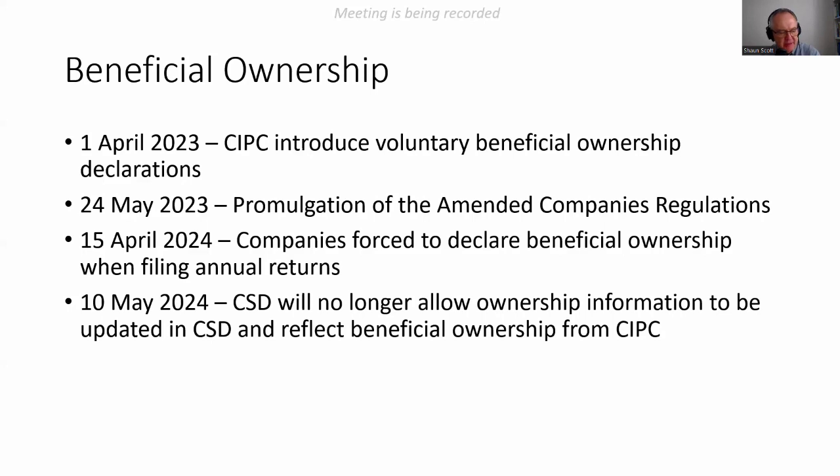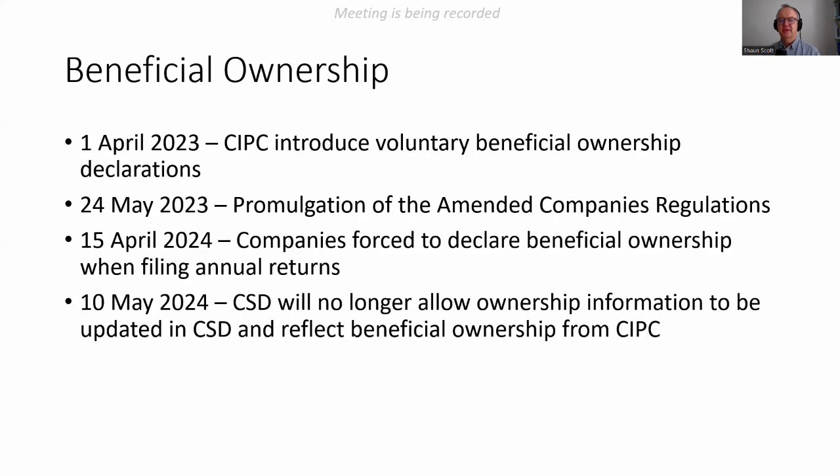Broad-based Black Economic Empowerment is more than ownership; it's also management and a whole range of other points. Absolutely. And the reason why many organizations are still using B-BBEE scorecards as the basis for allocating preference points.